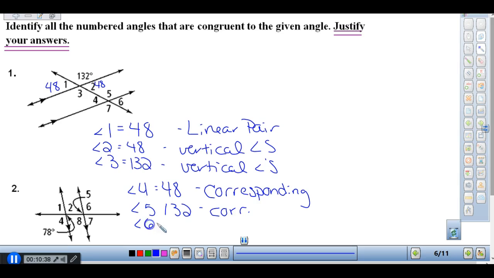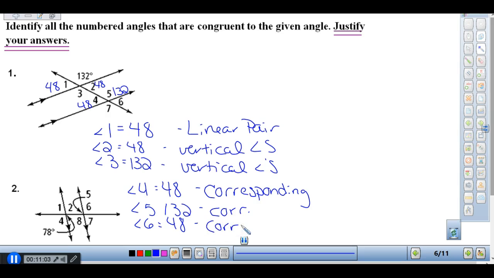Angle 6 is... 5 was 132 and 4 was 48. So 6 is 48. You could use alternate exterior. You could use corresponding. You could use vertical. A lot of ones there that would work.